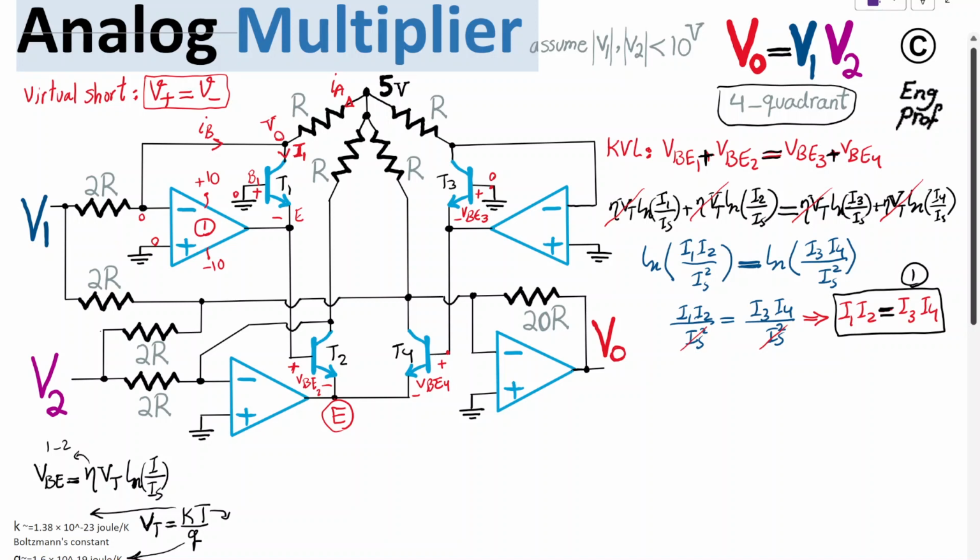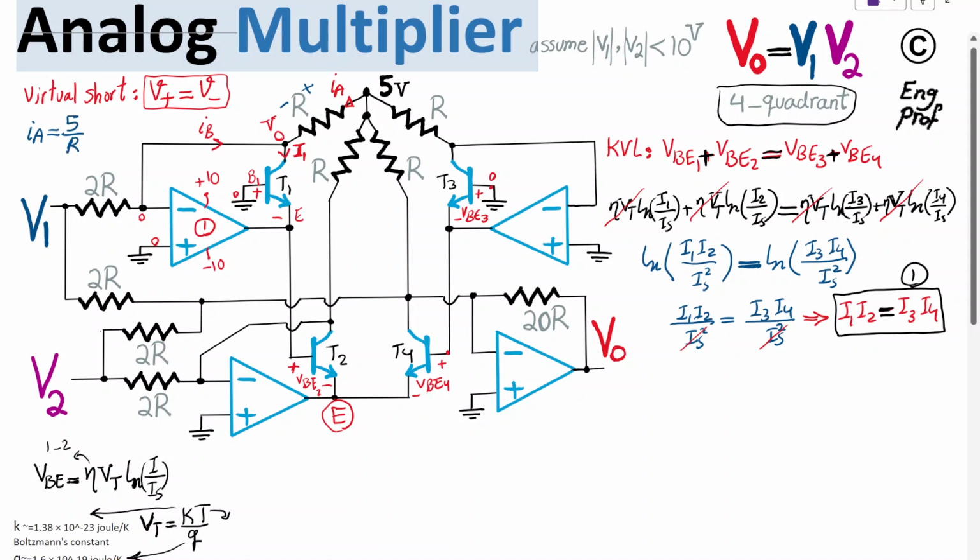Let's call this IA for the time being. IA is the voltage across this resistor R, which is 5 minus 0, so it is obviously 5 over R amps.